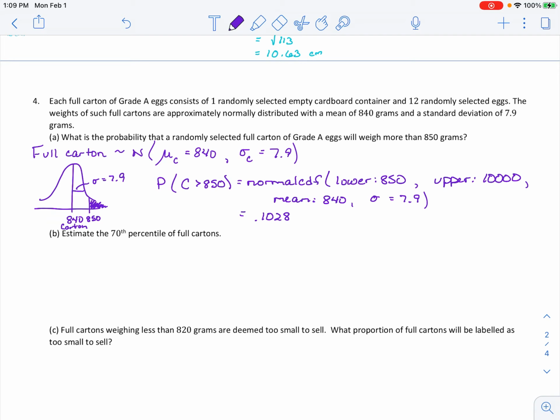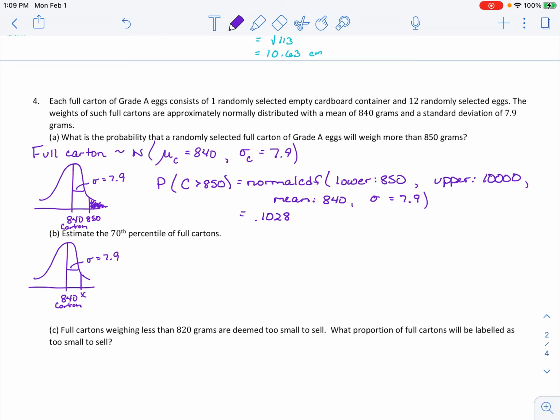we should expect to get a carton that weighs more than 850 grams. If I want to estimate the 70th percentile of full cartons, I'm still looking at this full carton summary, so I am still going to think of a normally distributed curve. I'm going to just steal this one. But now there's some odd number, I don't know exactly where it is.